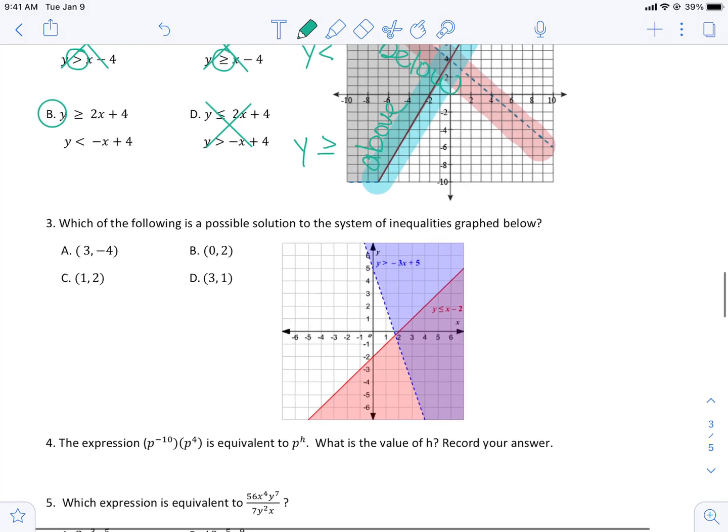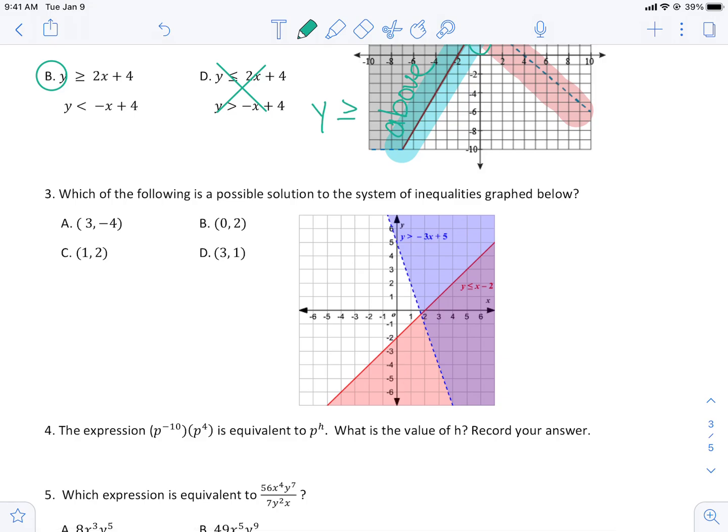Okay. Number 3, which of the following is a possible solution to the system of inequalities graphed? Okay, so we want a possible solution, which means it needs to fall in the overlapping shaded area. That's this darker purple-ish pink.